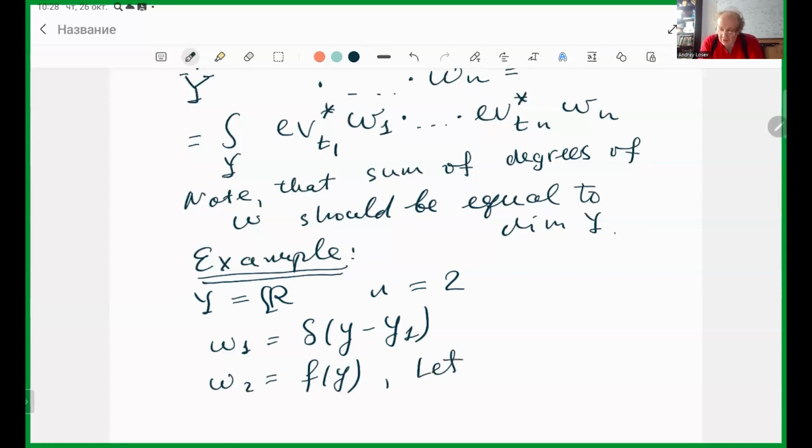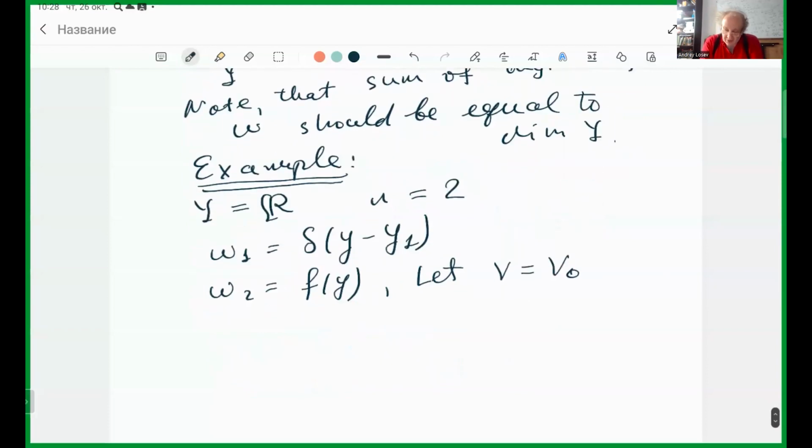And also, I'm going to compute the trajectory, so let me take v to be constant, v naught constant. Then I can compute trajectories.